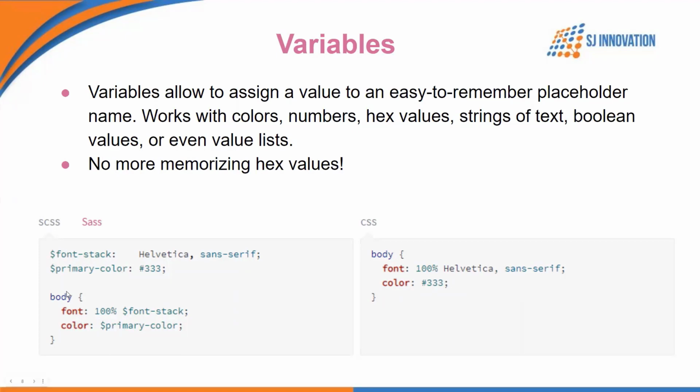If we also want to use them in our footer or header, we don't have to memorize those numbers or font family. We can just call the variables and use them in our project.